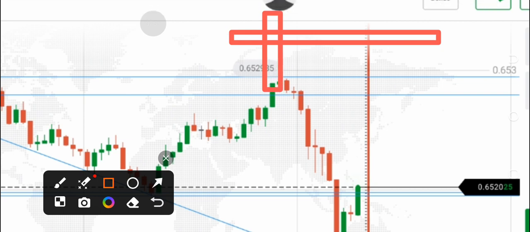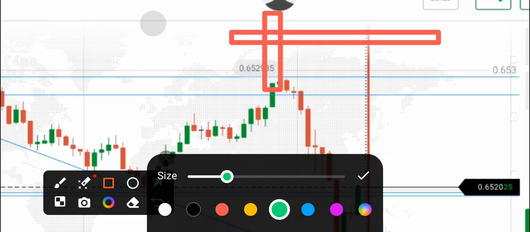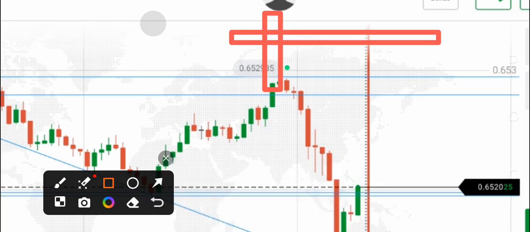After that, we saw buyers try to enter. We saw a green candle, and another green candle like this. I was expecting this particular candle to close like this, and then maybe with a small rejection above. The rejection is telling me that the sellers are going to enter into the market.